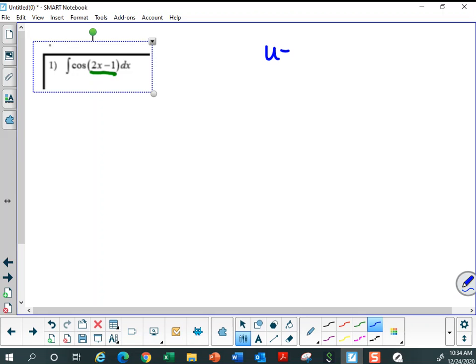When I let my u be 2x minus 1, that means my du is 2 dx, which means I've almost got a nice representation of the integral.